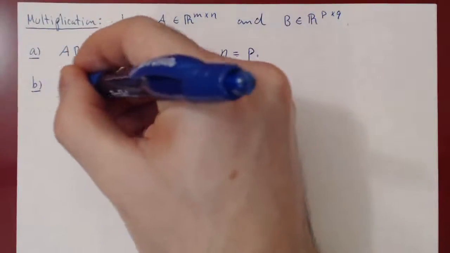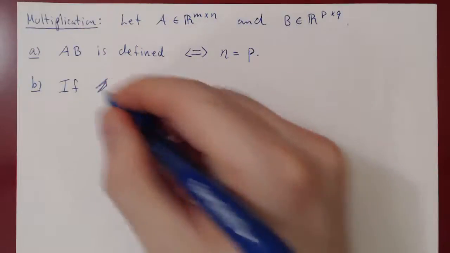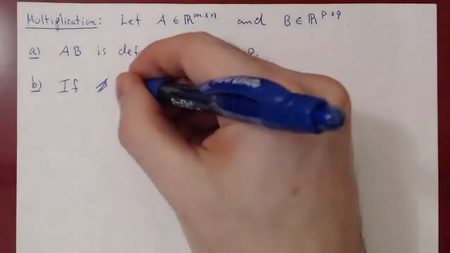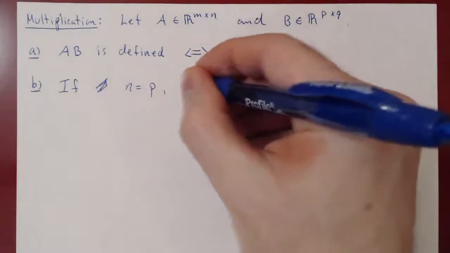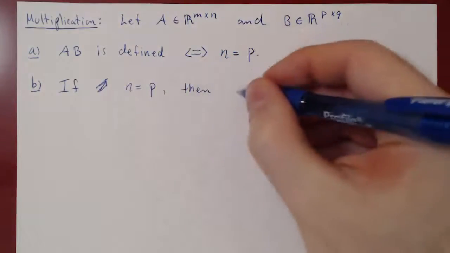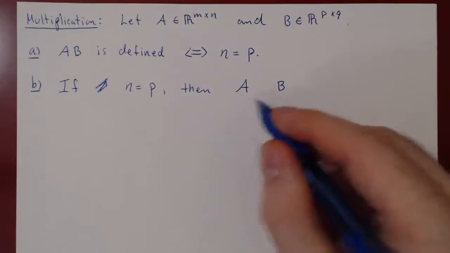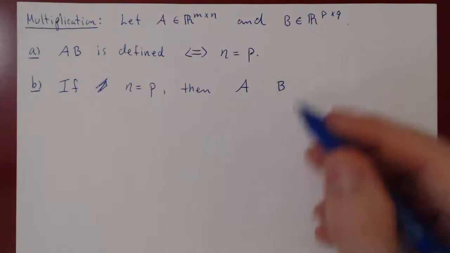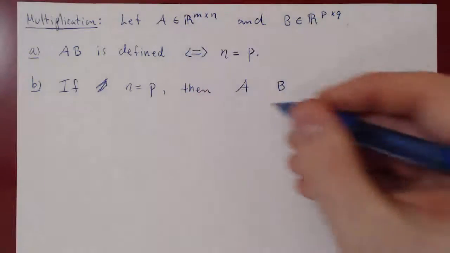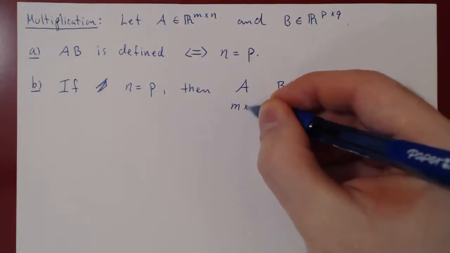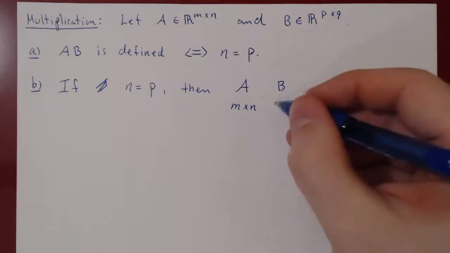So if n equals p, then the new matrix AB, and I leave myself a bit of space here to show you the trick. A is an m by n matrix. B is a p by q matrix.